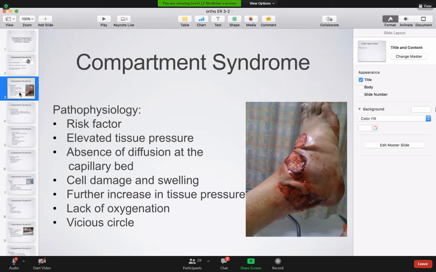When this happens, the pressure in the compartment will be elevated, and that will compress the blood supply and the capillary, the arterioles, and that will lead to damage and swelling in the tissues. And when the pressure increases with time, the damage will increase and there will be lack of oxygenation, and this cycle will continue.